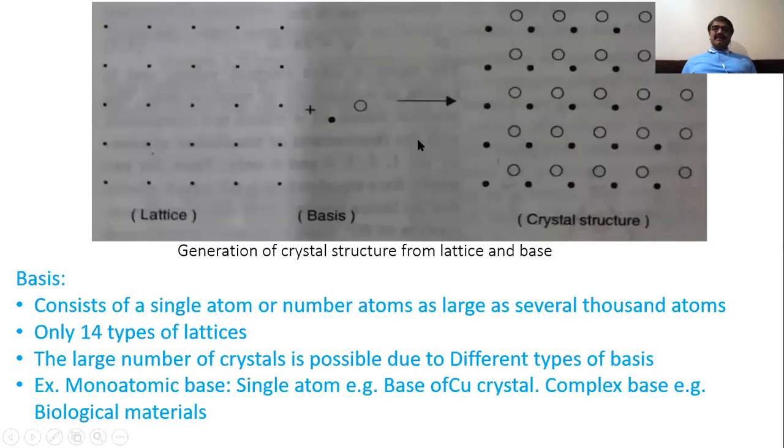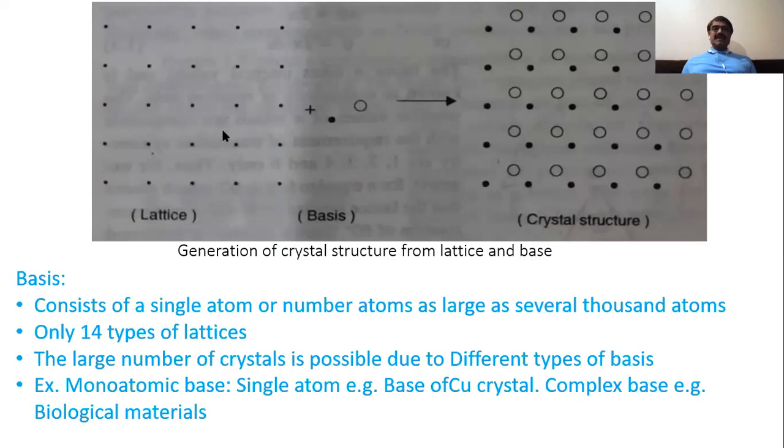Now here, I'm trying to explain the crystal structure that is obtained from lattice and basis. What we see here is a lattice, and to this lattice we have added a basis, and in this case, the basis consists of two atoms. One is a solid atom and another one is shown by an empty circle.